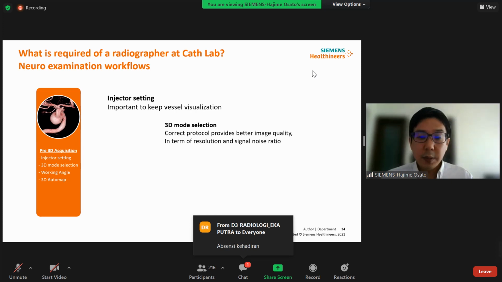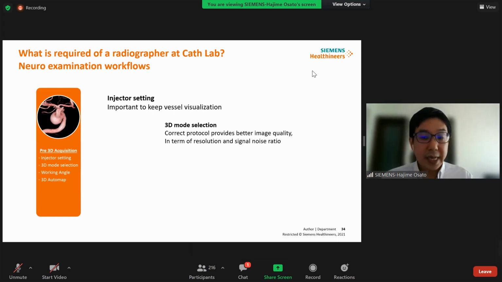Anytime the doctor requests better image quality for 3D, we need to advise them which protocol is the best solution, right? After 3D, make the working angle. It is the correct view for the target region. We can make it from the 3D image, right?